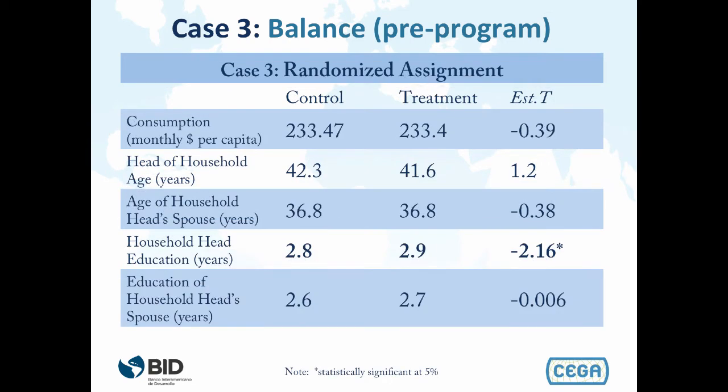If I go back to the previous slide, 4 out of 5 of these were not statistically different, and only the fourth row, the household head education in years, 2.8 for the control, 2.9 for the treatment, a difference of 0.1 years of education on average, and that's statistically different from 0 with a t-statistic of minus 2.16.